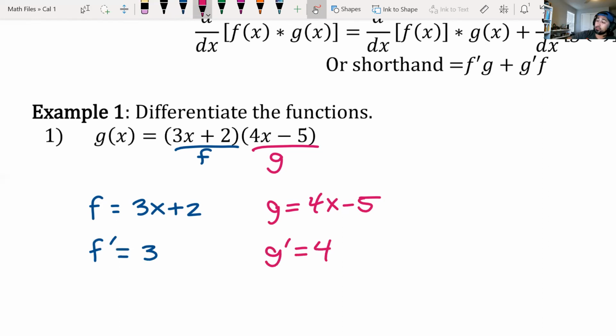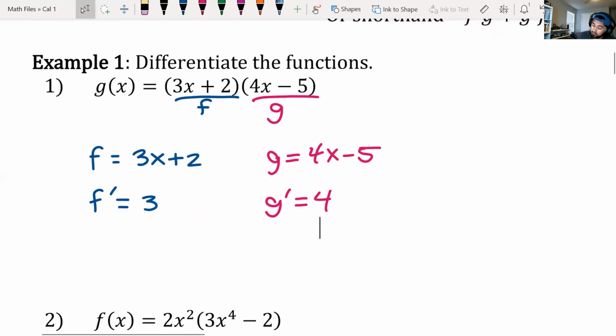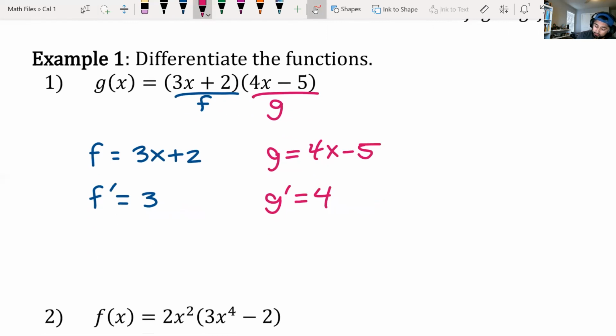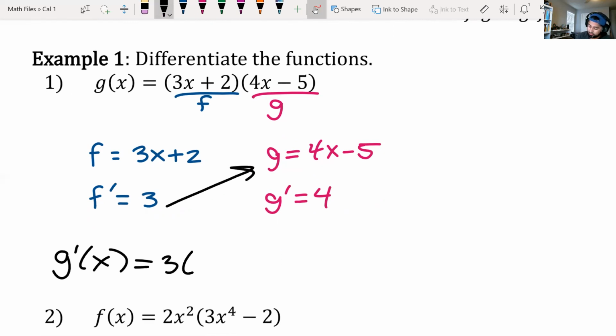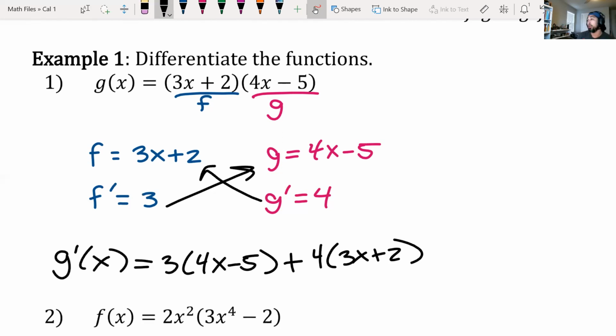So we take the derivative of f, we take the derivative of g, and now we follow the product rule. We're taking the derivative of g of x, so we're going to say g prime of x. Let's go ahead and follow the product rule. f prime g: 3 times 4x minus 5, plus g prime f: 4 times 3x plus 2.